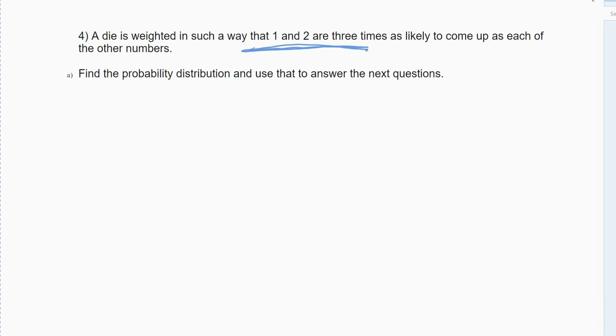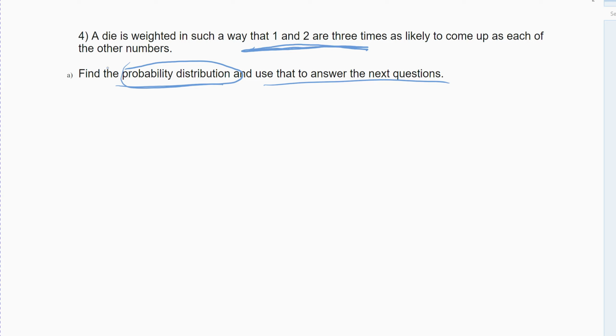All of the other numbers have the same likeliness, but they're 3 times less likely to show up than the 1 and the 2. Find the probability distribution. Actually, I have to in order to answer the question. I'm going to use the fact that the probability distribution adds up to 1 in order to find my probabilities, and then use that to answer part B.